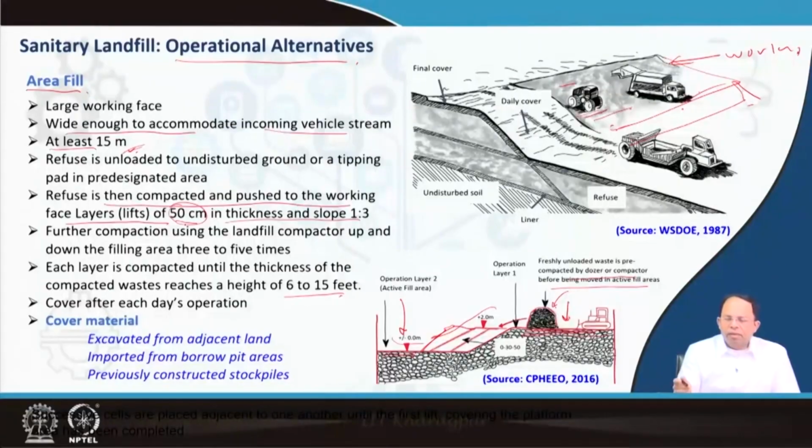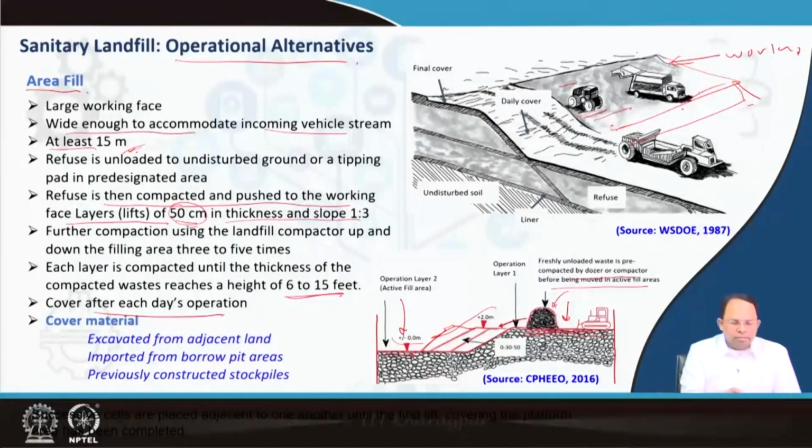Every time garbage is taken, approximately 50 centimeter of height gradually builds up on 50 centimeter height, and finally it reaches 6 to 15 feet. Once we compact that particular layer, that's the end of that particular day's operation, and we give a cover on this amount of garbage.